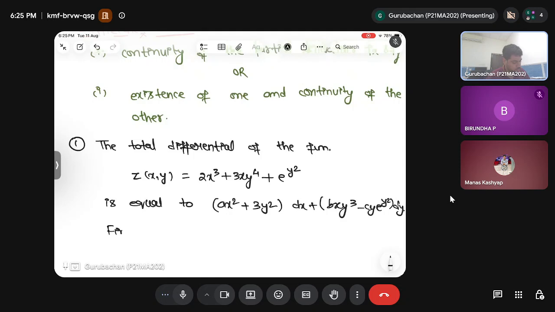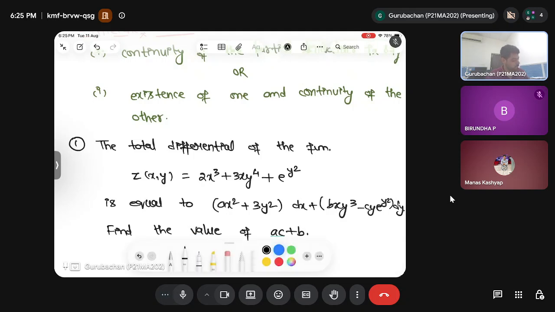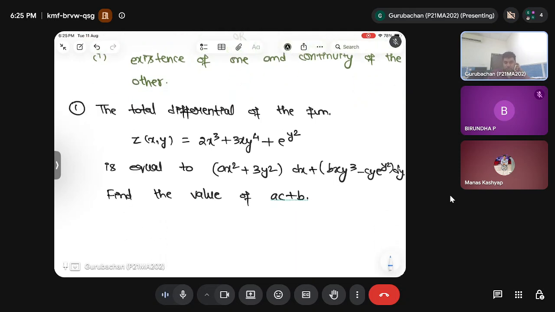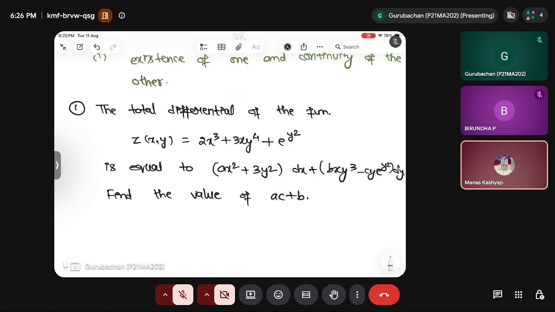Now find the value of a into c plus b. So it's a direct implication of the previously discussed definition. So try this one. 0, sir. Correct.